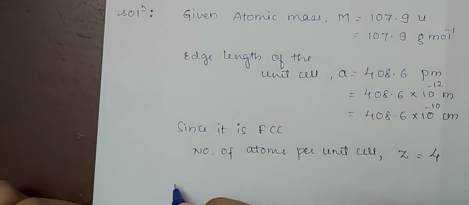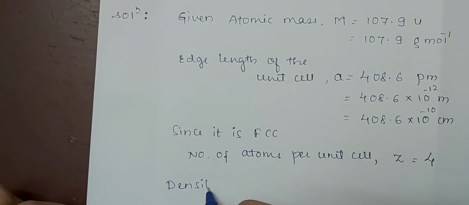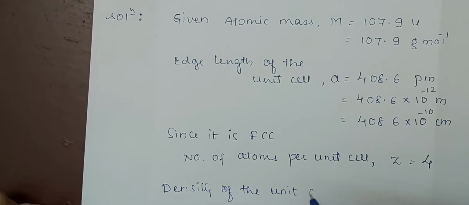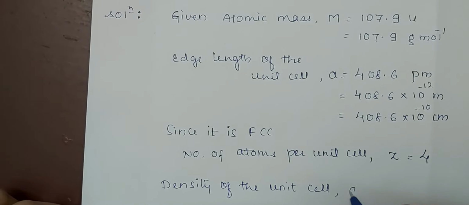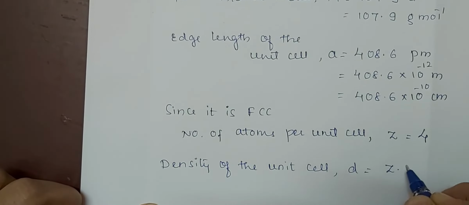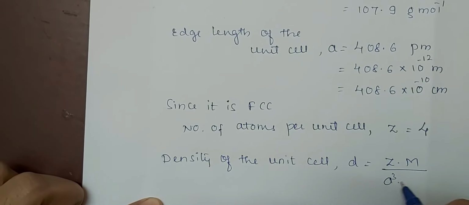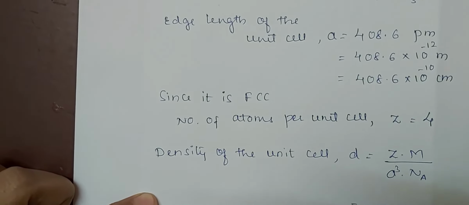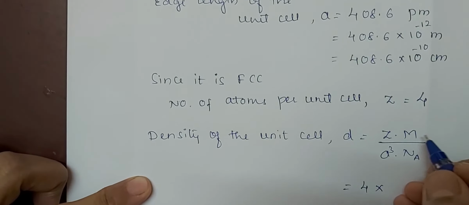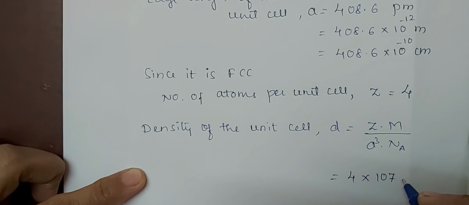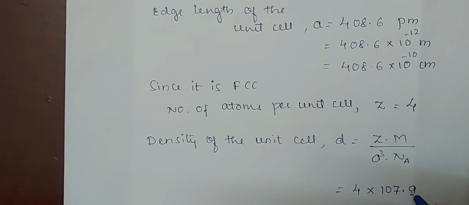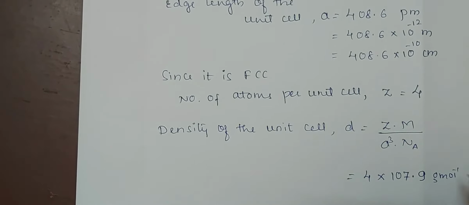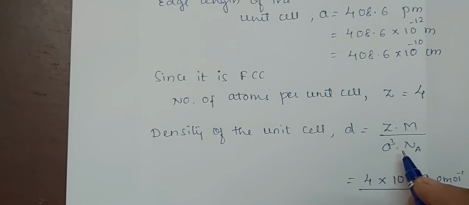Now we'll write the formula, that is density of the unit cell. We have the formula D is equal to Z into M divided by A cube into Avogadro number. Substituting the values, what is Z here? It is 4 into M, 107.9 gram per mole divided by A cube.